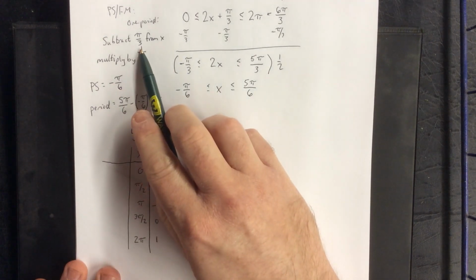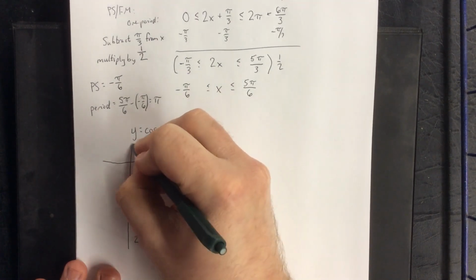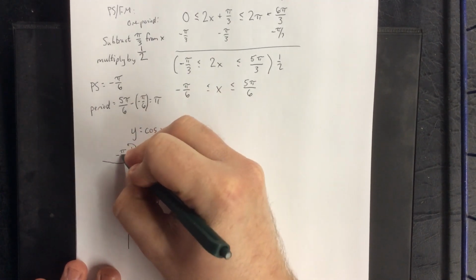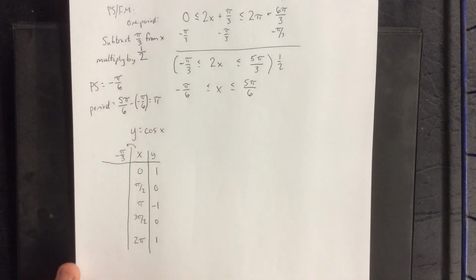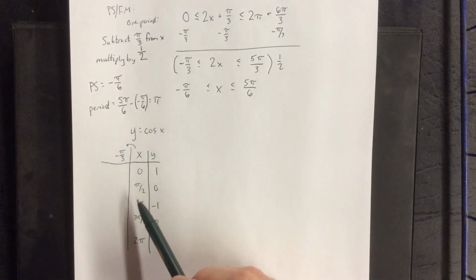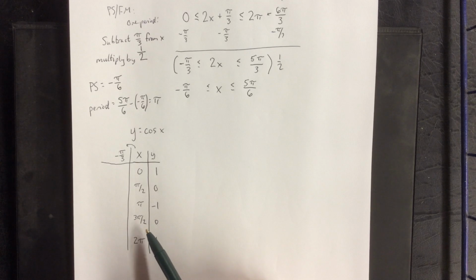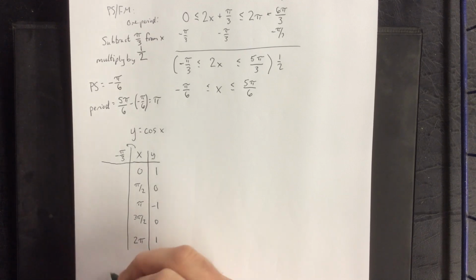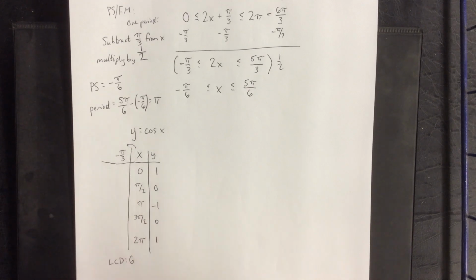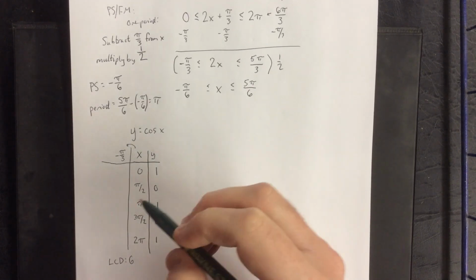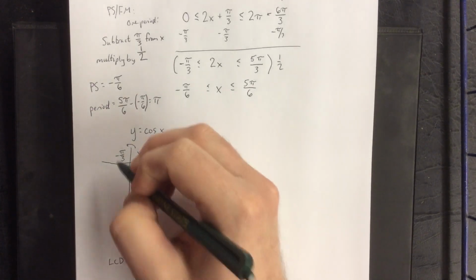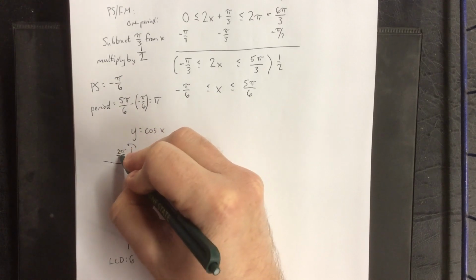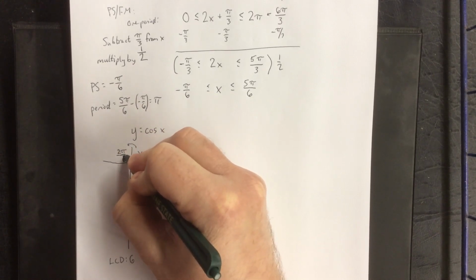So the first step was subtract pi over 3 from all of our x values. Now subtracting pi over 3 when we already have denominators of 2 is going to be a little bit complicated. So at this step I'm going to get a lowest common denominator of 6. So this negative pi over 3, if I multiply by 2 over 2, we can call that 2 pi over 6.